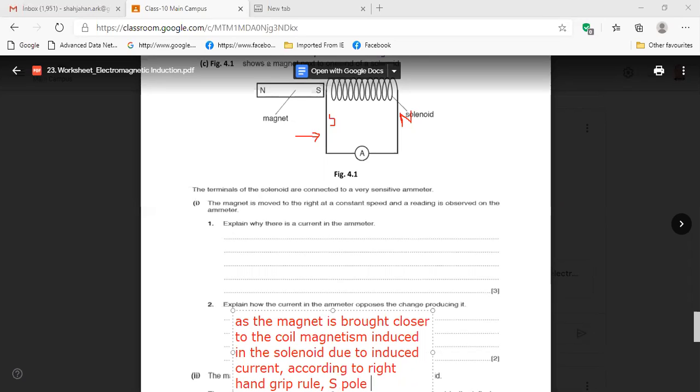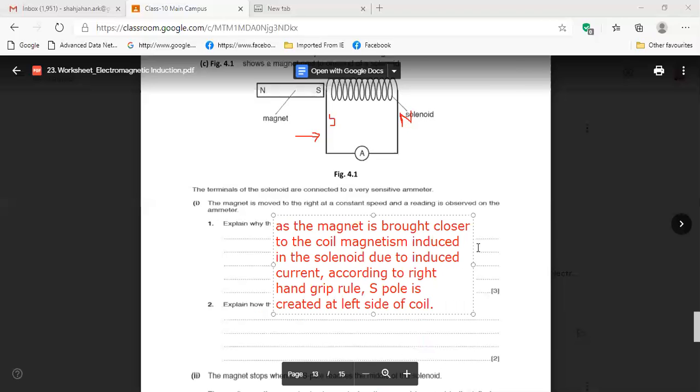S pole is created at left side. Coil. Patience. Now it's all right.